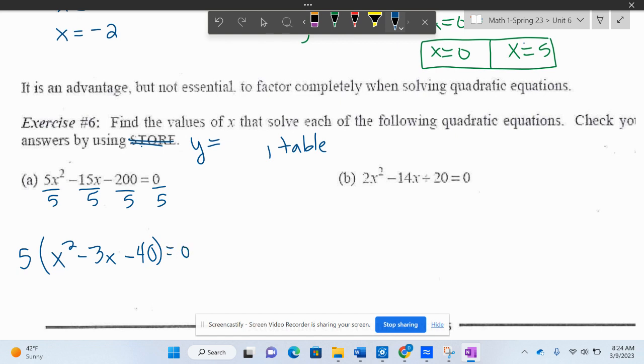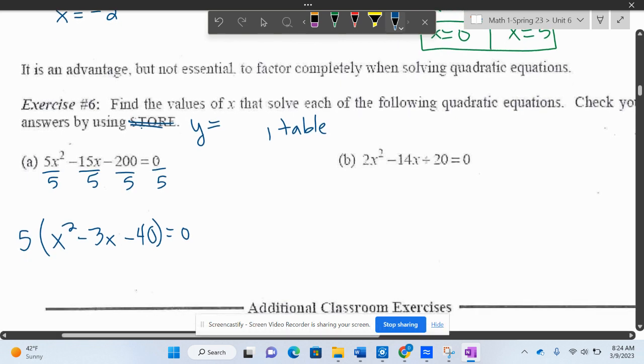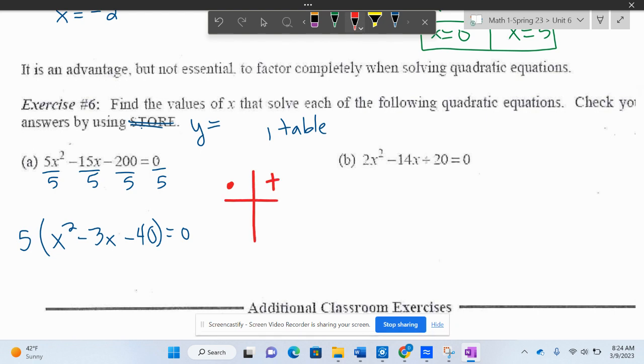So how are we going to factor x squared minus 3x minus 40? Let's see. Times my times side and my plus side. 1 times negative 40 is negative 40, and it has to add up to a negative 3. Okay. So what two numbers can I multiply together?